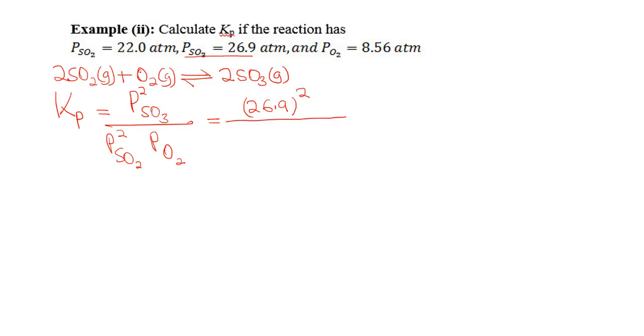P SO2 is here, which is 22.0 squared, and PO2 is given here, 8.56.